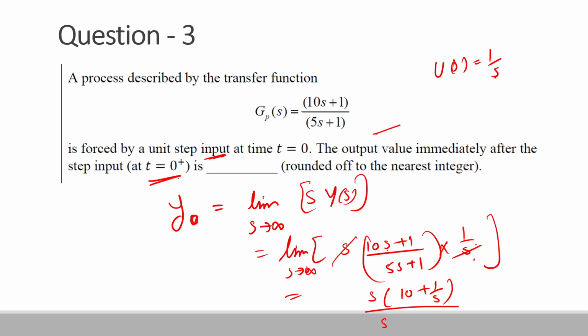Similarly over here it will be s into 5 plus 1 by s. So this s will get cancelled out. We will put the value of s as infinity over here. So this term will become 0, and the initial value of the system will be 10 by 5, that is 2.